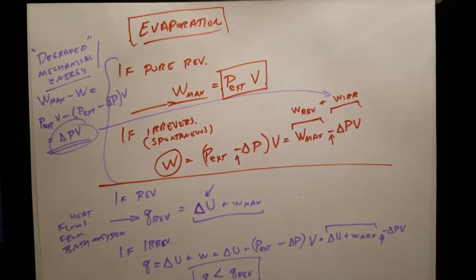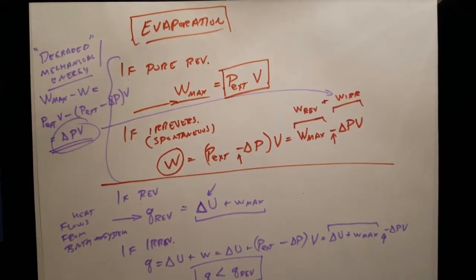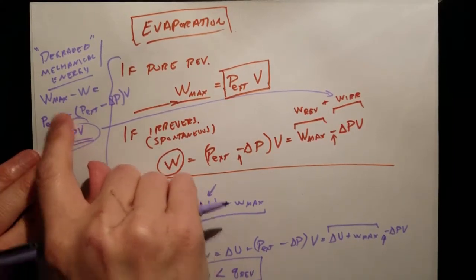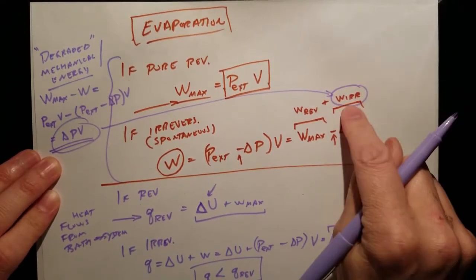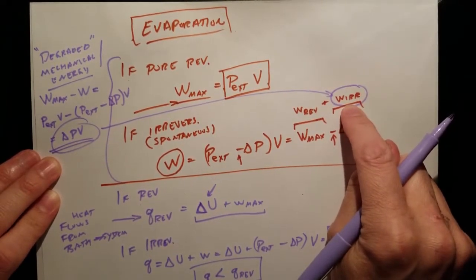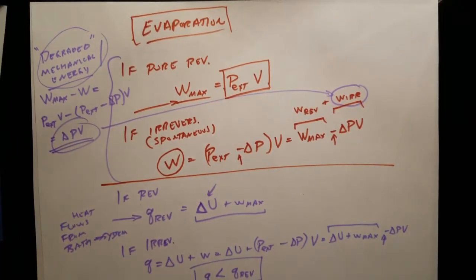It's actually a little more fundamental than that, because anytime something occurs spontaneously, there must necessarily be degraded mechanical energy, and that's just a consequence of theory. But let's just make note that if we take these two, we get this delta PV. I'm calling this the irreversible work, and Gaskell is calling that the degraded mechanical energy.